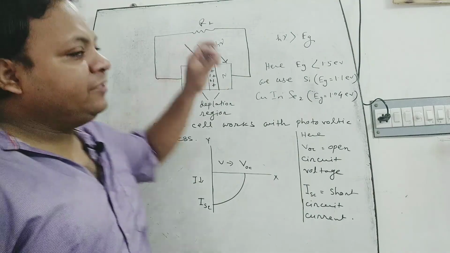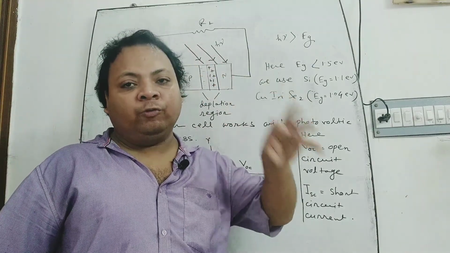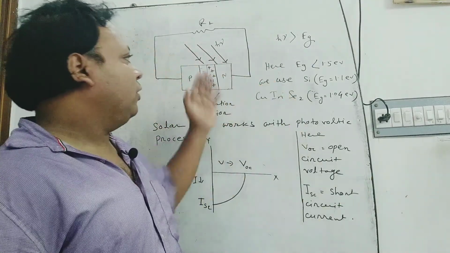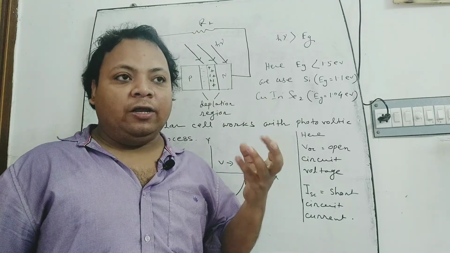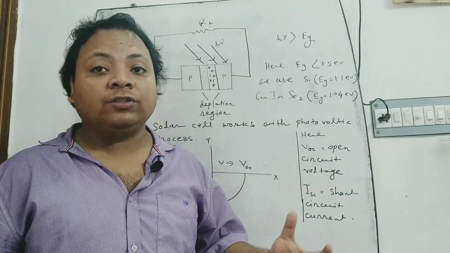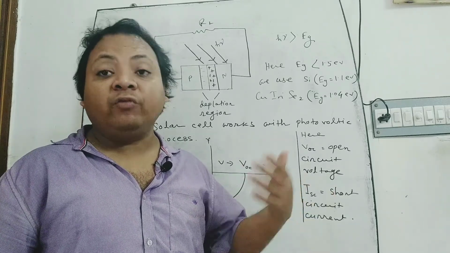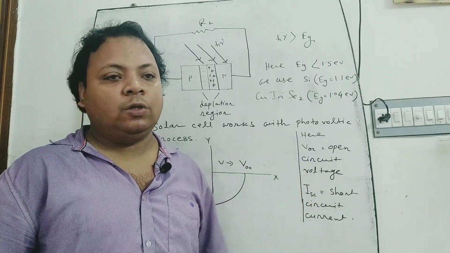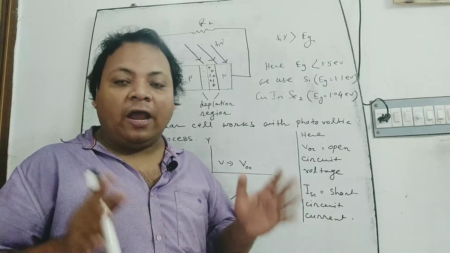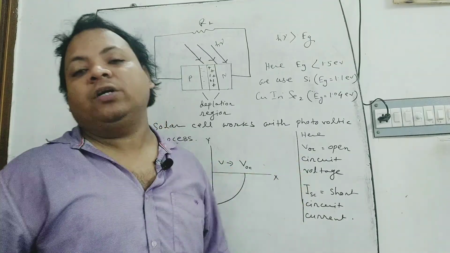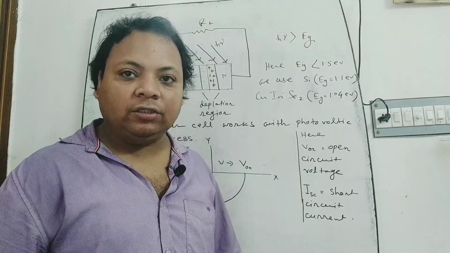When the incident photon falls on the diode, electrons and holes are created. More free holes and free electrons are created. Due to diffusion, at first they move towards the depletion region.